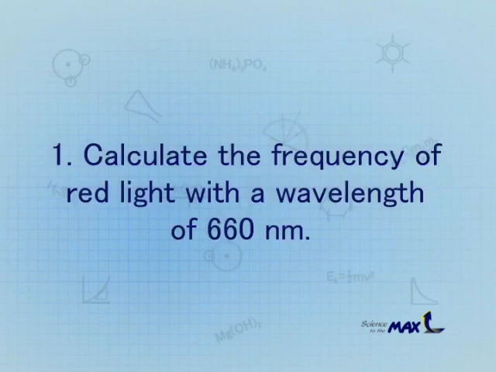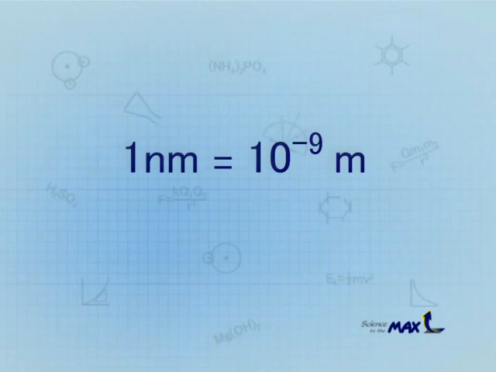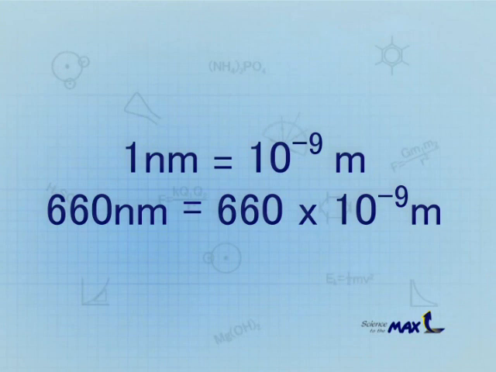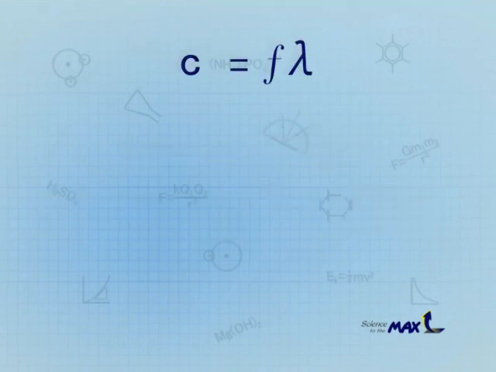Calculate the frequency of red light with a wavelength of 660 nanometers. First, we must change the wavelength to meters. Remember that 1 nanometer equals 10^-9 meters. So, 660 nanometers equals 660 × 10^-9 meters. c = f × λ.